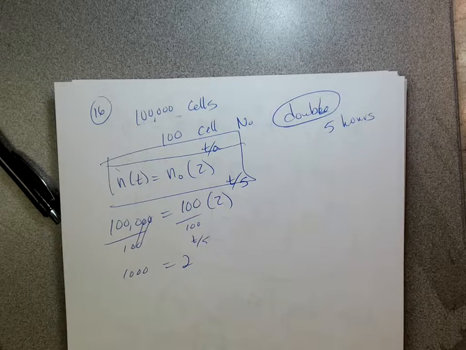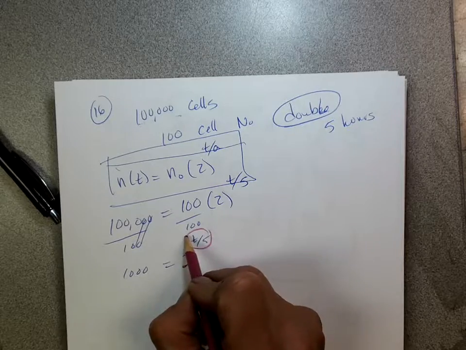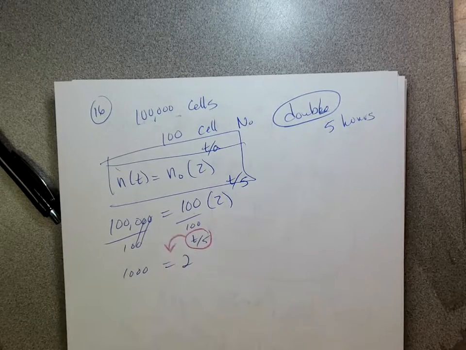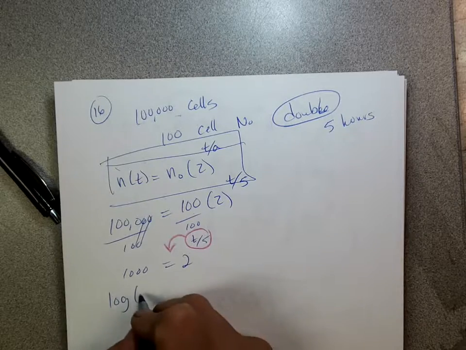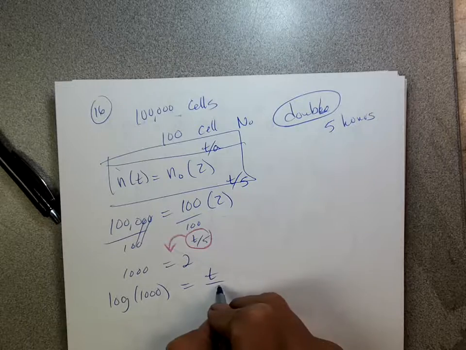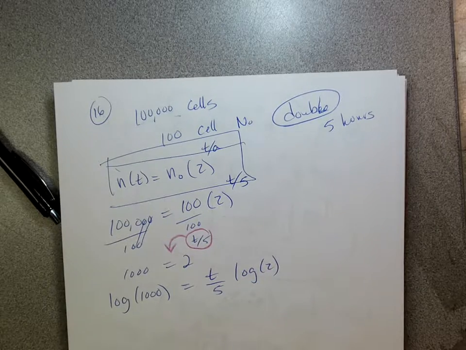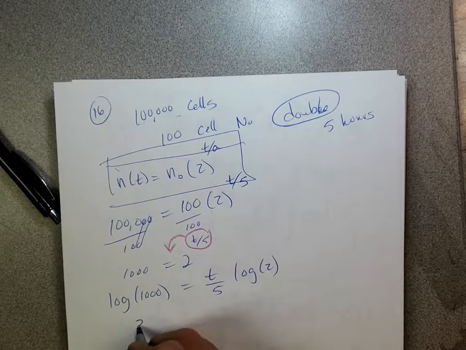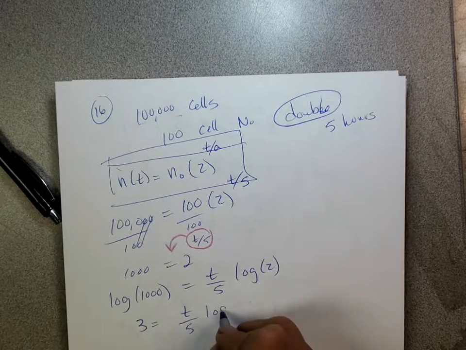And since I'm going to need to bring the exponent down, I'm going to take the log of each side. The log of 1,000, which is 3, by the way, is equal to t over 5 log of 2. Okay. Now, log of 1,000 is 3. It's a special one. You can use your calculator if you don't believe me, but it turns out to be just 3. Okay. t over 5 log 2.